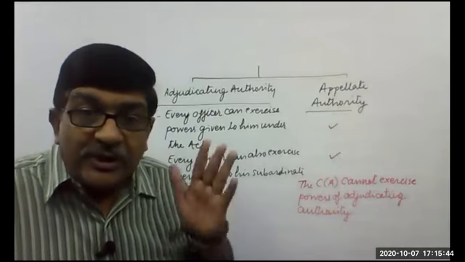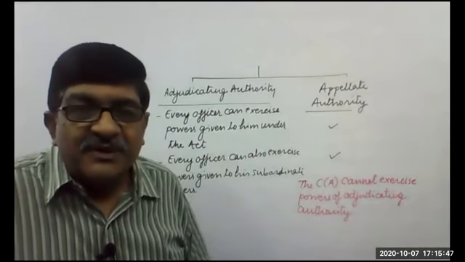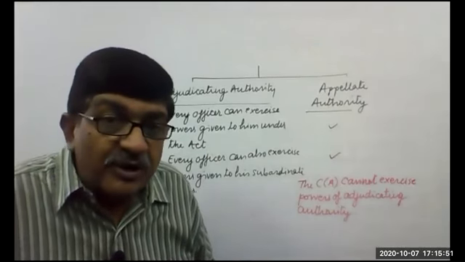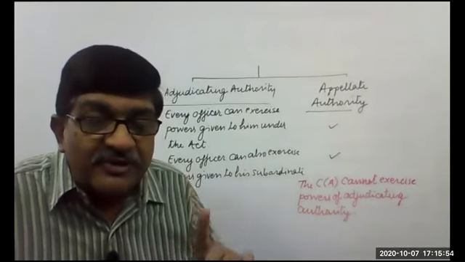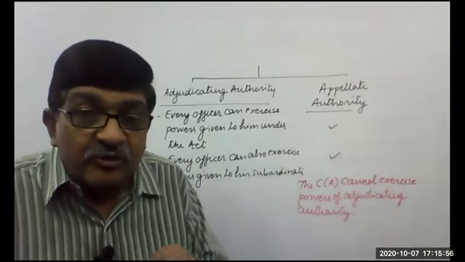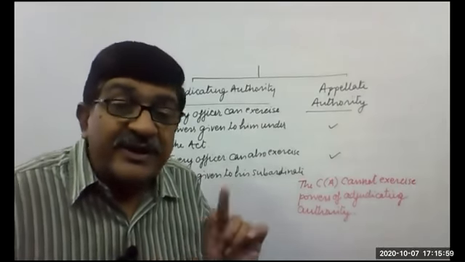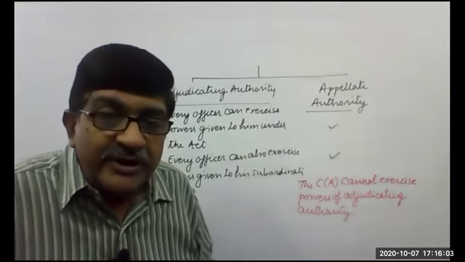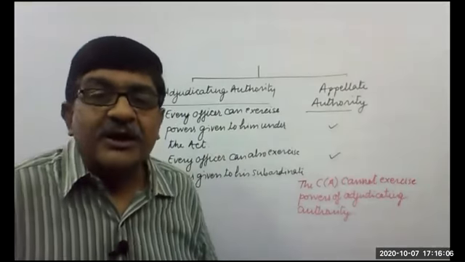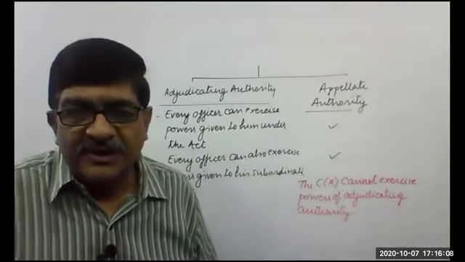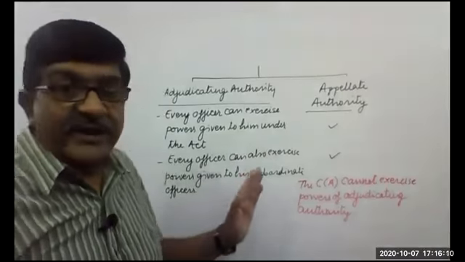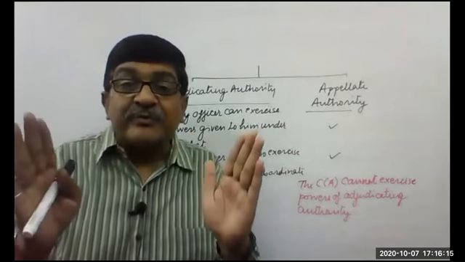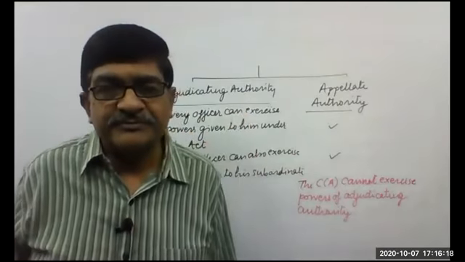Appellate authority has no role in the process of adjudication. Once the adjudication order is passed, once the officer has passed an order against somebody that you have failed to comply with the provisions of the Act, and that is why you should be punished, then he can go and file an appeal. Unless there is an order, there is no role for the appellate authority. And once the appellate authority is there, then adjudicating authority has no role. So both are absolutely separate from each other.